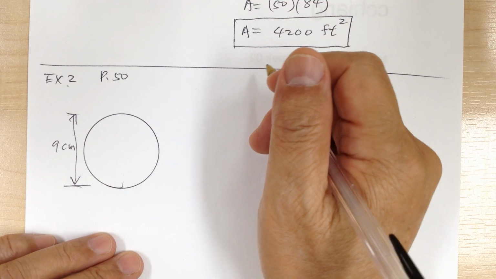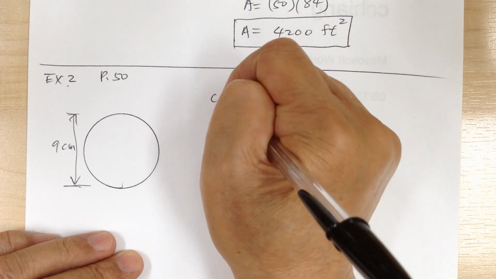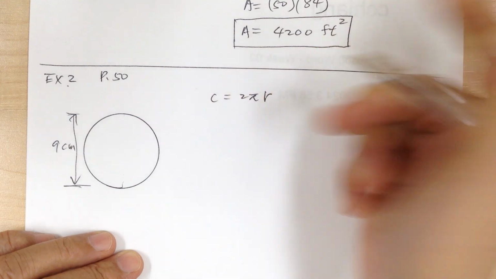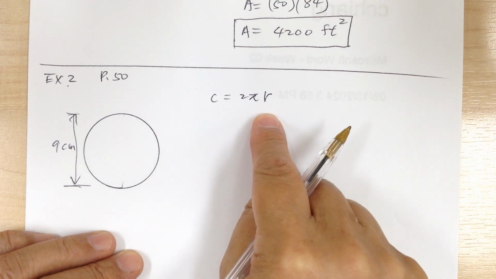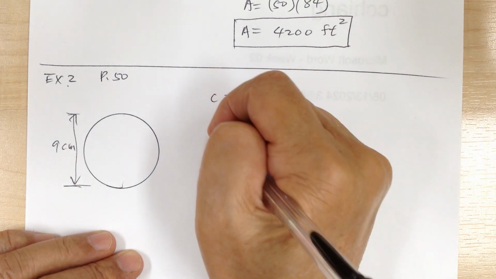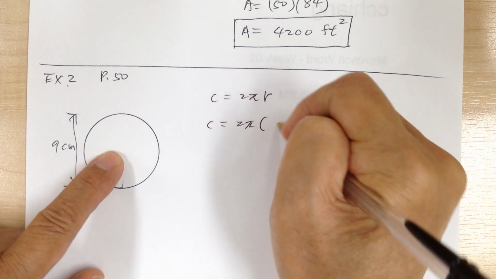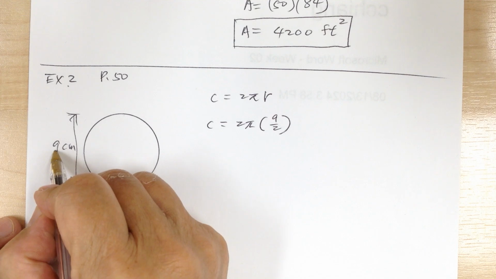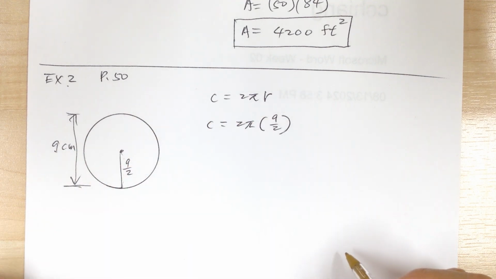Instead of calling it perimeter, since it's a circle, they call it circumference. So C stands for circumference, equal to 2 pi r. By the way, when you're solving the problem, it's always good to write down the formula that you're using, and then you substitute numbers. So show your steps. It'd be 2 pi, and r would be 9/2, because this is diameter, so the radius would be just half of that.